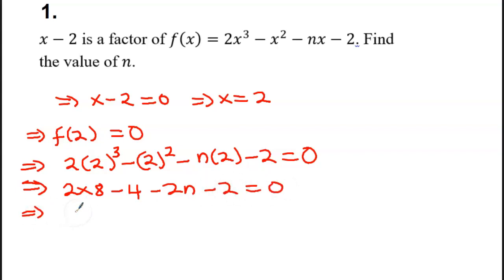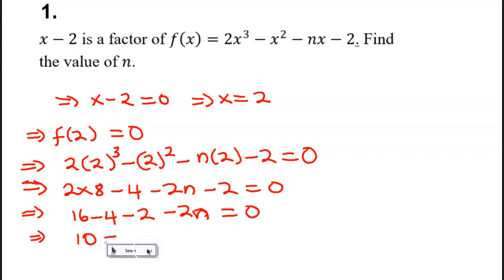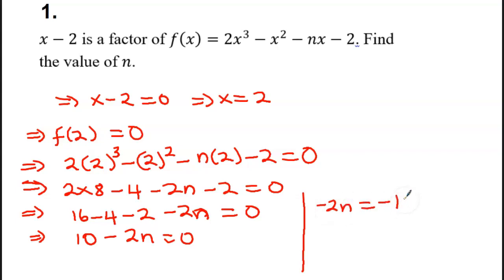So 2 times 8 is 16 minus 4, let's group the values, minus 2 minus 2n is equal to 0. So 16 minus 4 minus 2, we are getting 10, minus 2n is equal to 0. We want to find n. So minus 2n is equal to minus 10. We divide both sides by minus 2 and we get n to be 5.